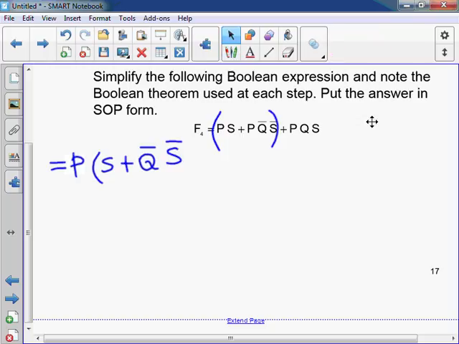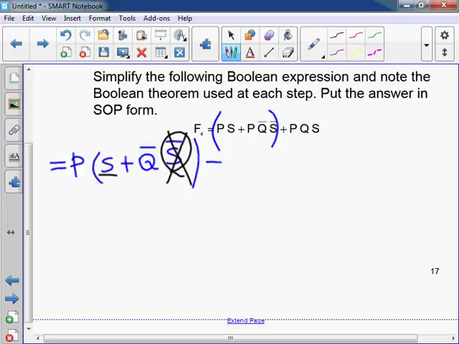So this one is the guy that stands alone, and this is his exact opposite. So it's going to die. And of course, it's best not to forget the p. So now that we know that that s is gone, this is our expression.